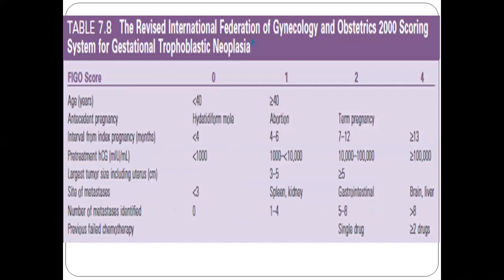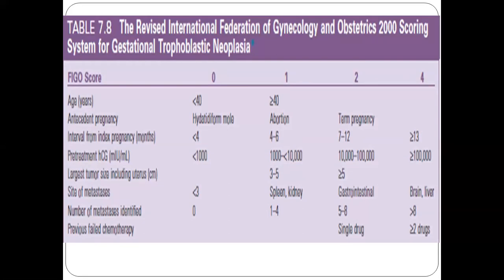That is stage 4. Then what we use for treatment is what we call the risk scoring. This is a system developed under the International Federation of Gynecology and Obstetrics, FIGO risk scoring 2000. So it combines various parameters which we use to determine in which treatment category the patient falls.